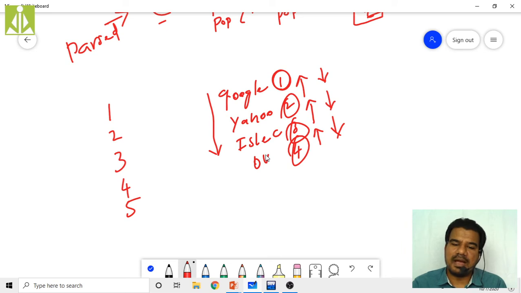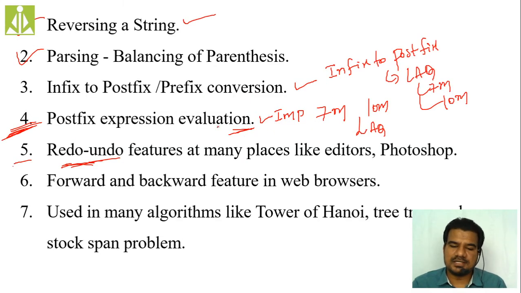If you click the forward button, again you will go to OU only. So likewise, the backward and forward pages that you have visited on your web browser also function according to the stack only.